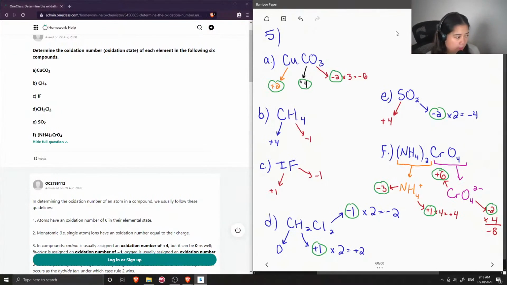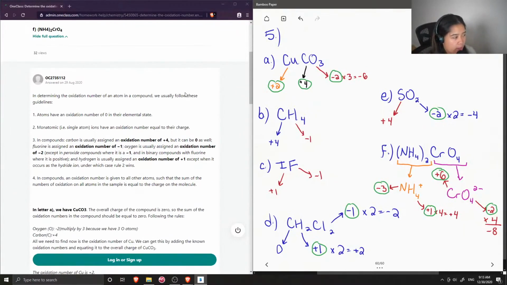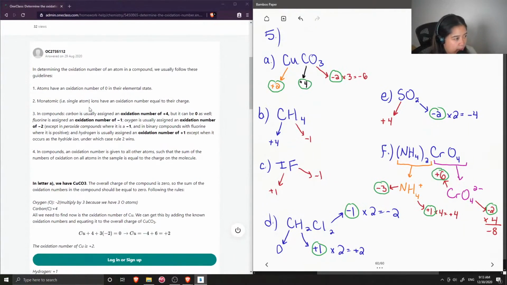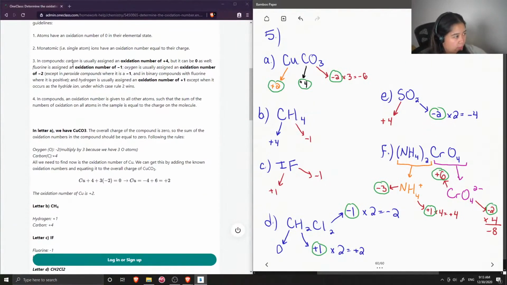Okay, so now let's see what the junior tutor said. In determining the oxidation number of an atom in a compound, we usually follow these guidelines. Number 1, atoms have an oxidation number of 0 in their elemental state. 2, monoatomic ions have an oxidation number equal to their charge. 3, in compounds, carbon is usually assigned an oxidation number +4, but it can be 0 as well.